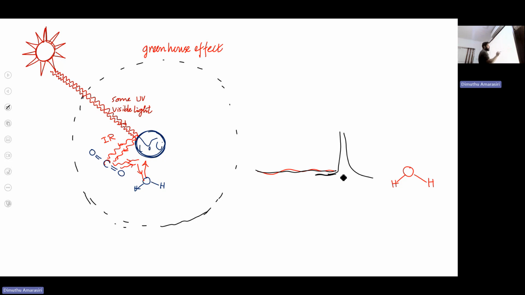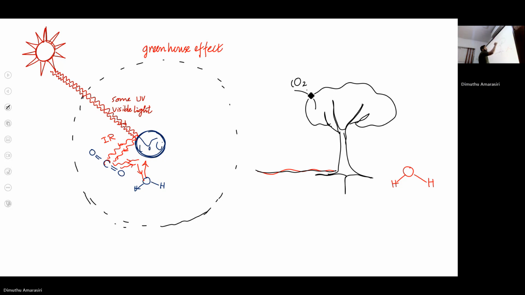And these trees do what? Photosynthesis. Right? They take carbon dioxide in through the leaves and they release oxygen.